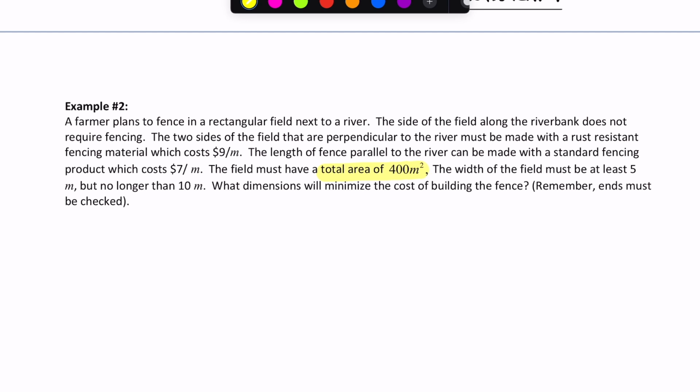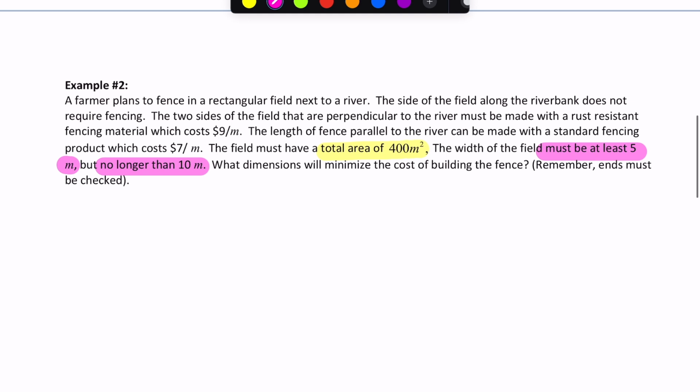The width of the fence must be at least 5 meters, but no longer than 10 meters. What dimensions will minimize the cost of building the fence? And remember here, the ends must be checked. So first thing, we'll draw our diagram.